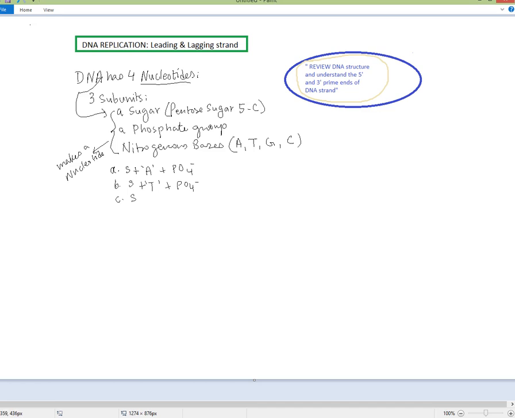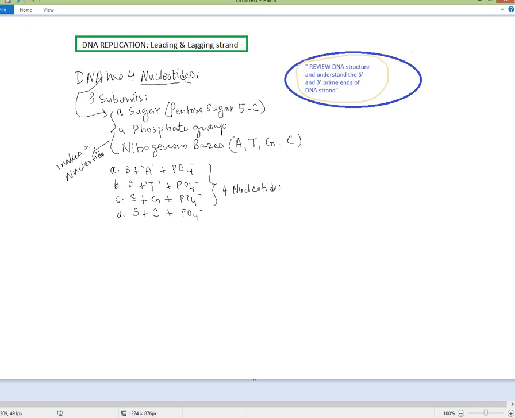Similarly, we have sugar plus G plus a phosphate, and the last one is sugar plus C plus phosphate. So that makes 4 nucleotides.